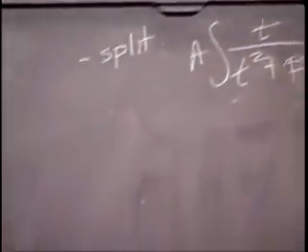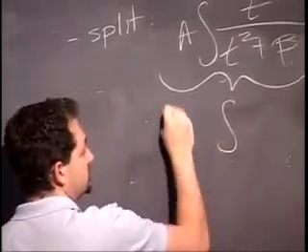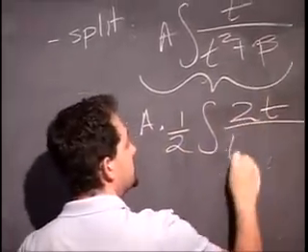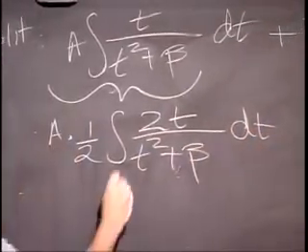For the first piece, use the 2 trick. 1/2, 2t, and this gives you log of the bottom.